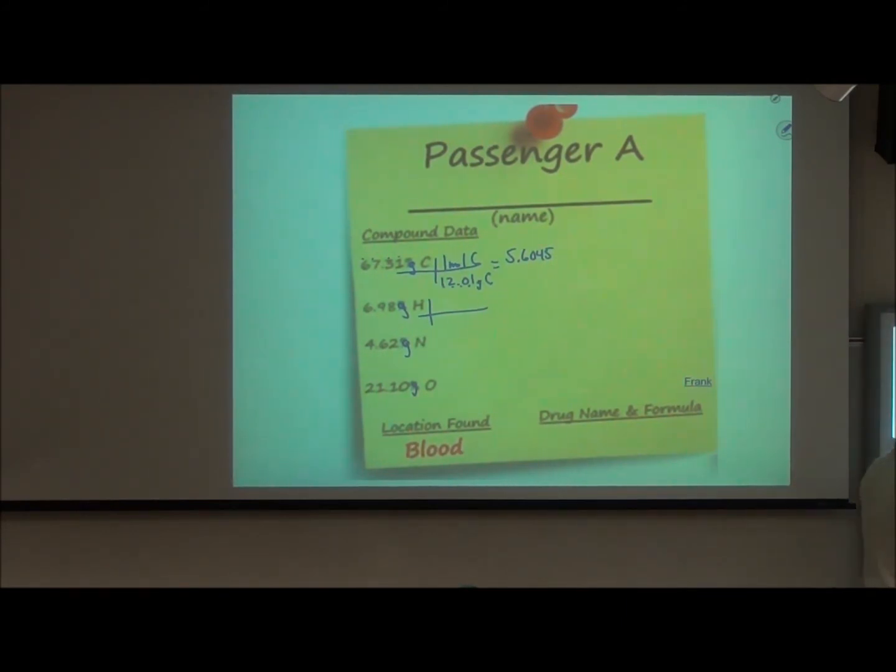So we do the same thing with hydrogen. One mole of hydrogen, we've got 3 sig figs here, so we're going to go 1.01, and that gives me 6.911.